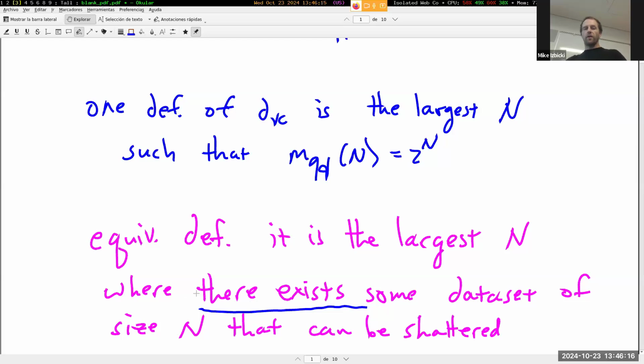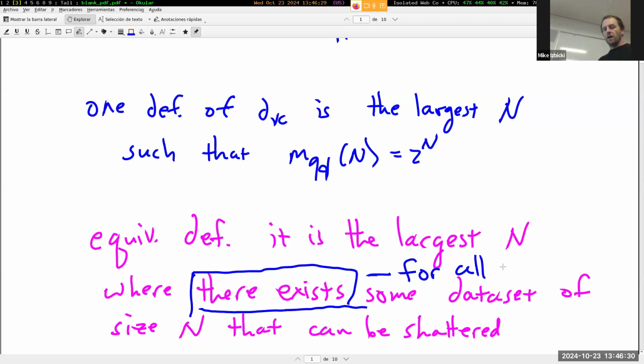So the important thing here, if people missed this, they probably made a mistake, is that instead of thinking about this in terms of there exists some data set, you're probably thinking about it like for all data sets. So it's important to keep track of where it's a for all and where it's a there exists in these definitions.